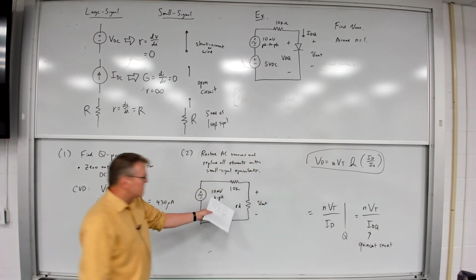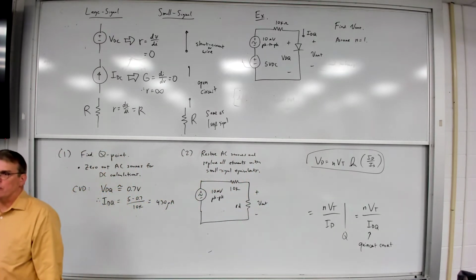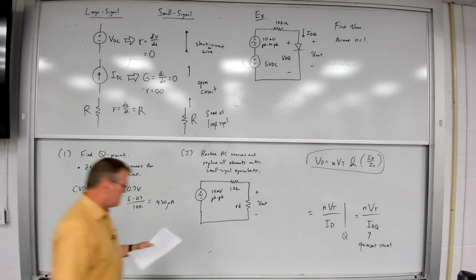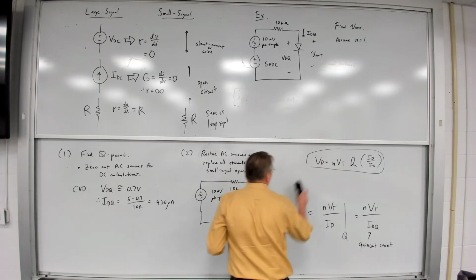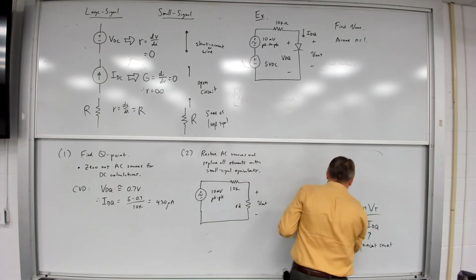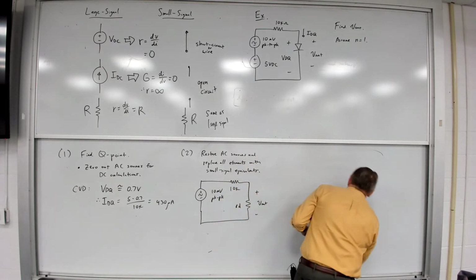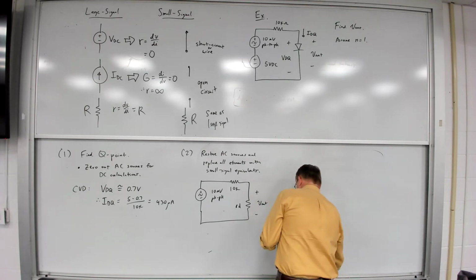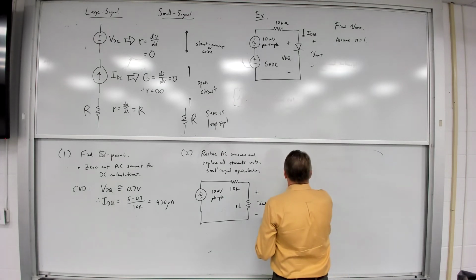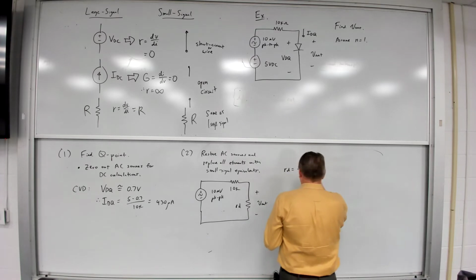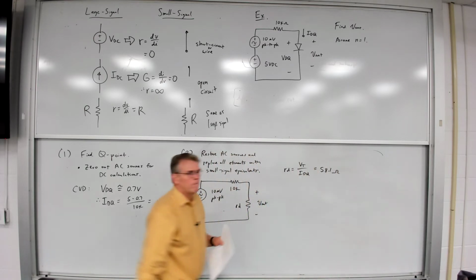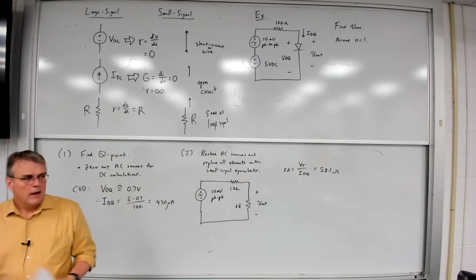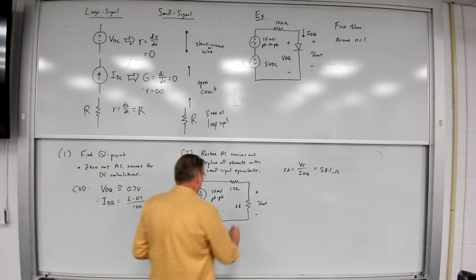And I replace the diode with its small signal equivalent resistance, which in this case, RD, is going to be equal to 58.1 ohms. So I've got a 58.1 ohm resistor here.